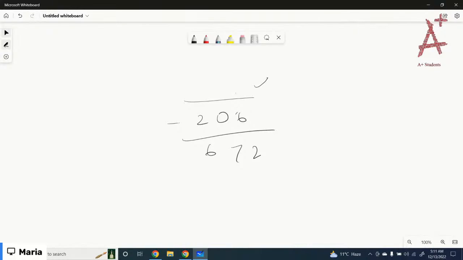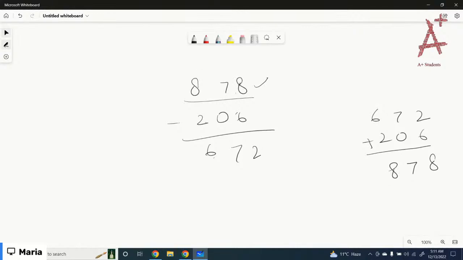So you can just add the given number and the difference: 672 and 206, and you will get the missing number. 6 plus 2 is 8, 7, and 6 plus 2 is 8. That means the missing number is 878.